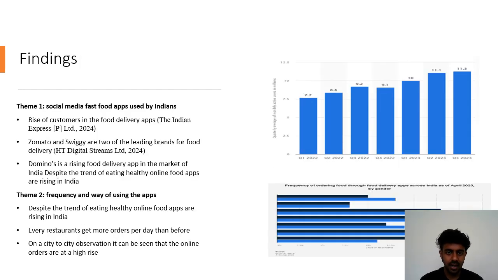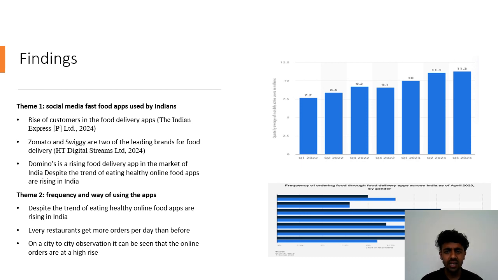In the findings of this research, the number of customers of Zomato, which is one of the leading fast food retail apps in India, is increasing and reached 58 million in the fiscal year 2023, serving 800 cities of the country.